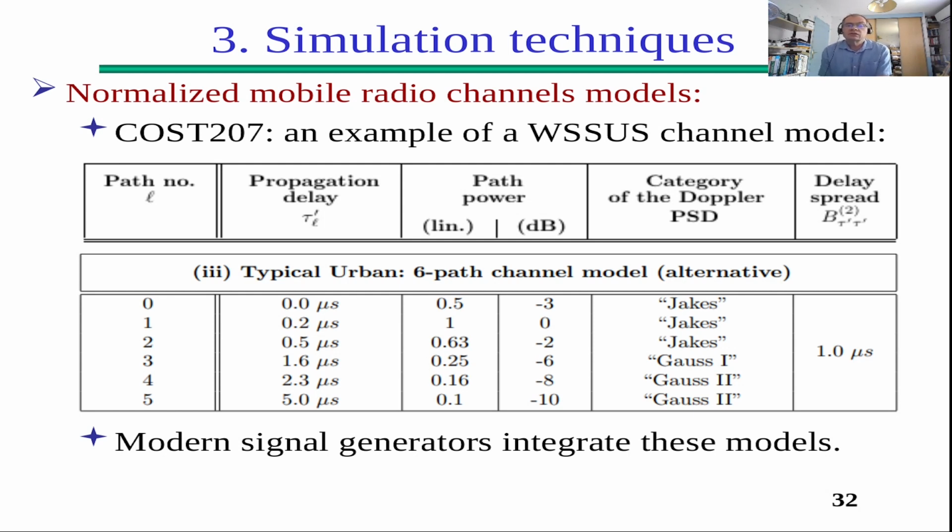For example, here COST 207 is a set of channel models that have been designed for the deployment of second generation mobile telephony, GSM. So you are not supposed to use them for signals that are not GSM or with a bandwidth much bigger than the bandwidth you find on GSM.